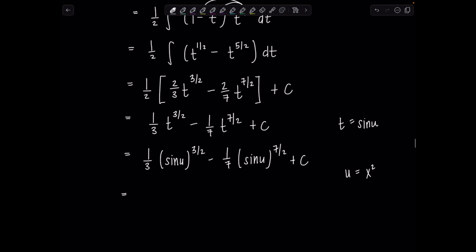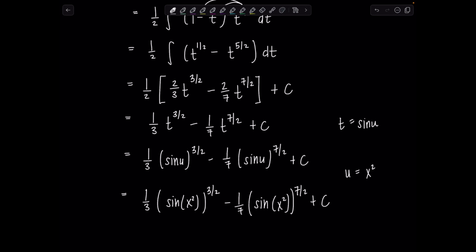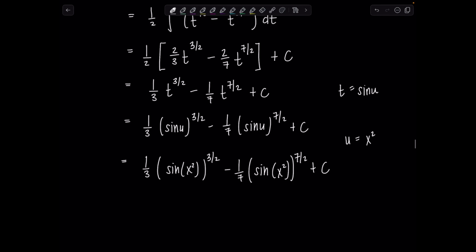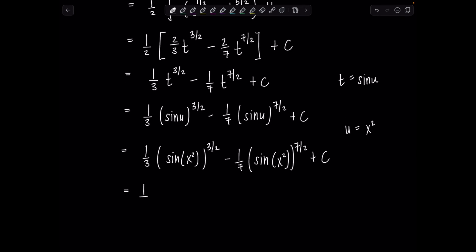So we got to take it all the way back to the beginning. So this is 1/3 sine of x squared to the 3/2 minus 1/7 sine of x squared to the 7/2 plus c.